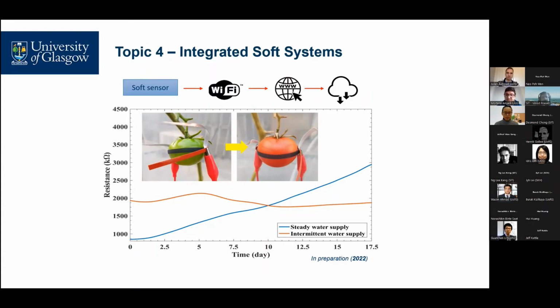As you see here, for two tomatoes, one with a steady water supply and one with an intermittent water supply, we clearly see the signal from the sensor. So we can monitor the progression or the regression of the growth of these tomatoes in real time.